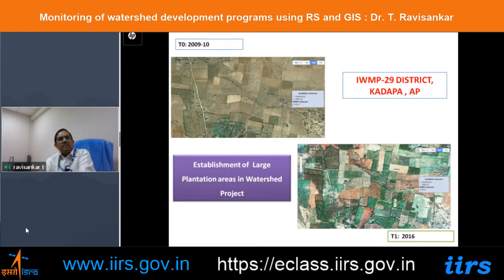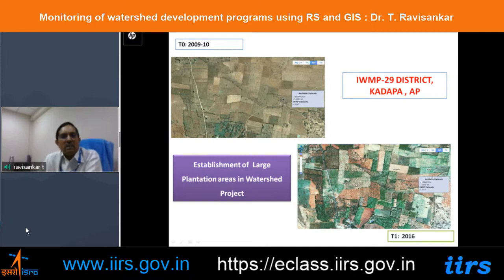And this is another example, that in the watersheds, plantations or treatment of the wastelands or improvement in the plantations is done to conserve water, because water is very scarce in the watersheds and we need to optimally utilize it, either through micro irrigation and other things. You can see in this IWMP 29 in Kadapa district of Andhra Pradesh how the mango plantations have come up.